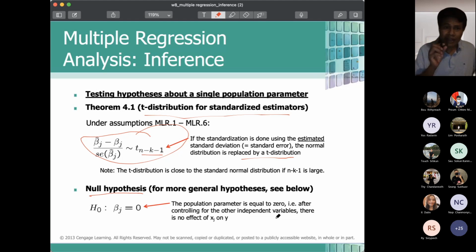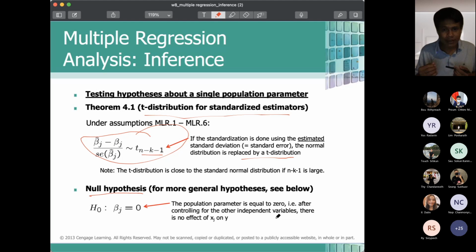Remember, class, even though you know that your estimate is bigger than 0, different from 0, you cannot say that the population parameter is different from 0. Your sample estimate might not be equal to 0, but the population parameter might be equal to 0.